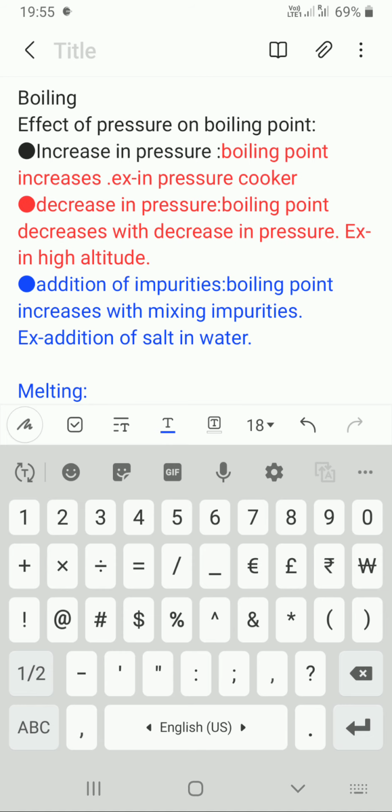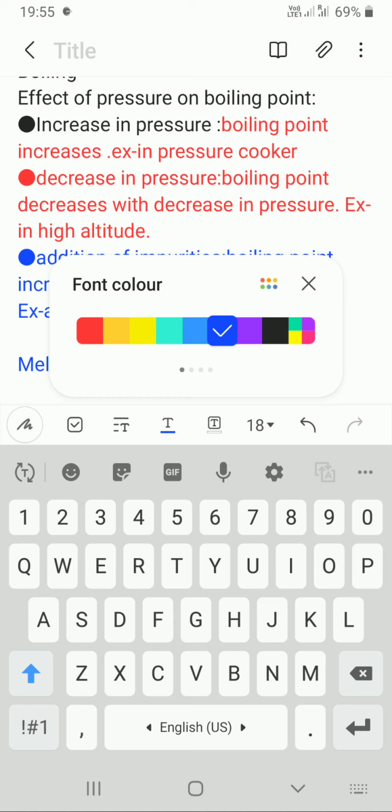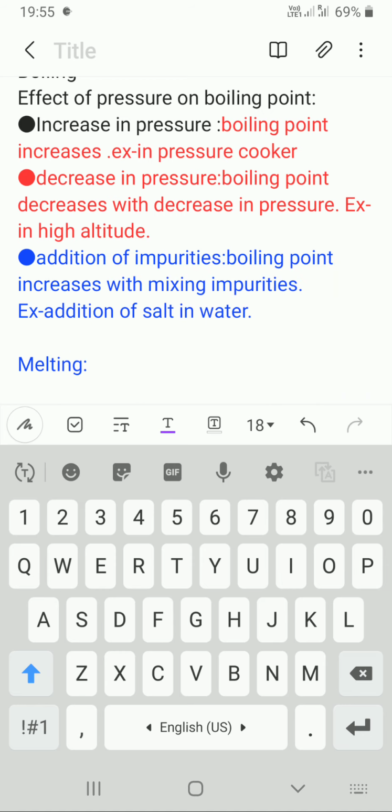First, pressure. Now, there are two types: if a substance contracts on melting, for example water. When water becomes ice, it expands. That's why ice is less dense than water. So when ice becomes water, it contracts on melting.